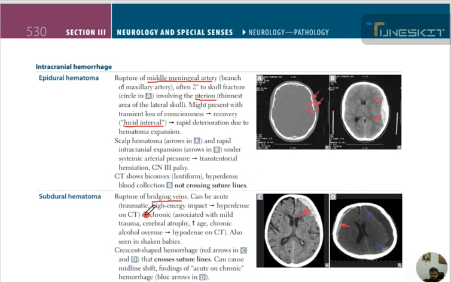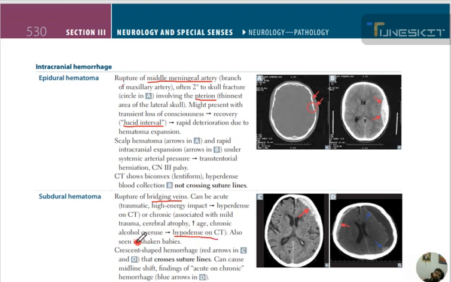So when it is acute, which is a result of traumatic or high energy impact, then it is hyperdense. And when it is chronic, as a result of cerebral atrophy, increased age, chronic alcohol use, then it shows hypodense on CT.